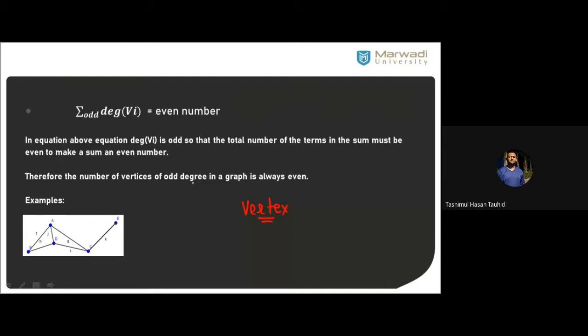Okay, let's proceed now. Sit down. The second theorem of graph theory tells us the number of odd degree vertices is always an even number. That much you have to verify. We have already proved it; please cross-check the proof for your reference.